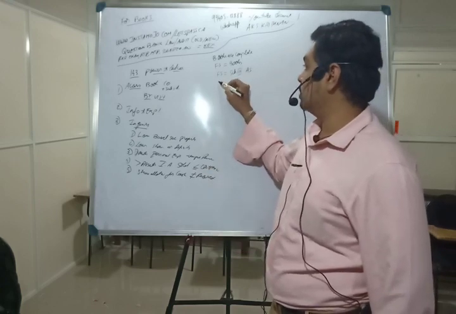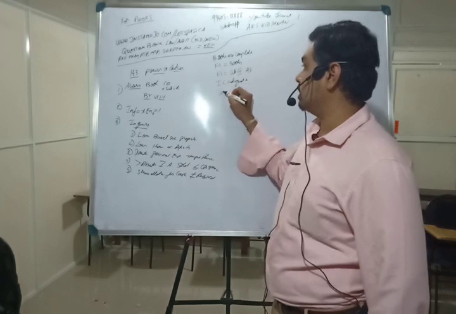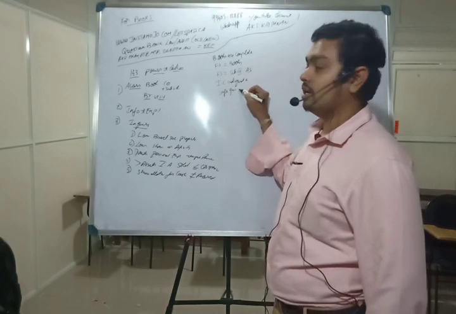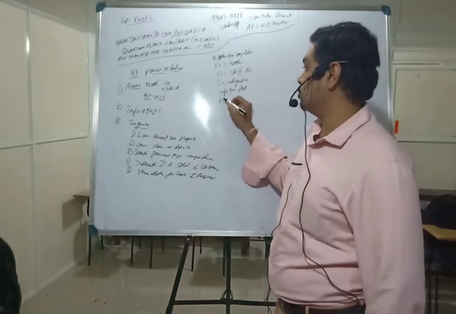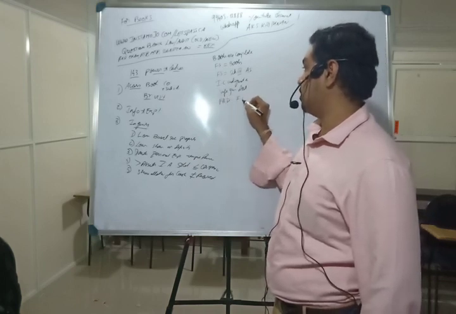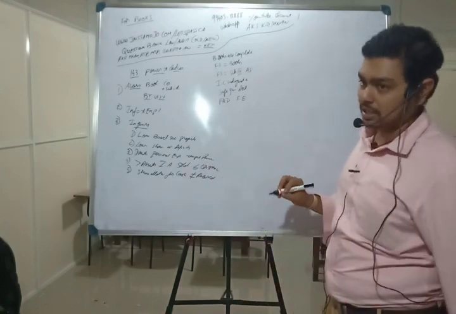Then whether internal controls are adequate, whether safeguarding of assets is done, and whether the directors have taken steps to prevent and detect fraud and error. These are the points I should write in my report.